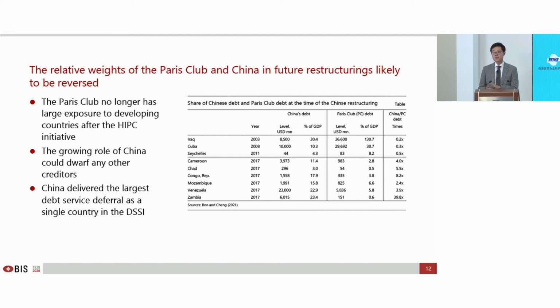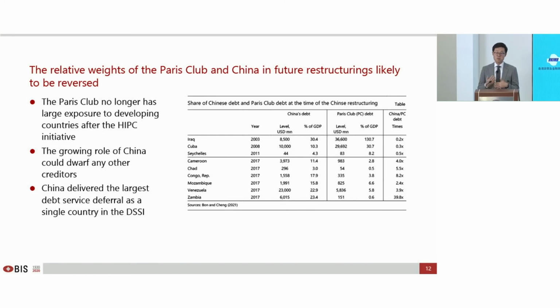In the table, I provided the share of Chinese debt versus Paris Club debt in a given country at the time when China provided restructuring. Before 2017, in the restructurings that happened in the first decades after the 2000s, China's debt represents a fraction of the Paris Club debt in a given country.